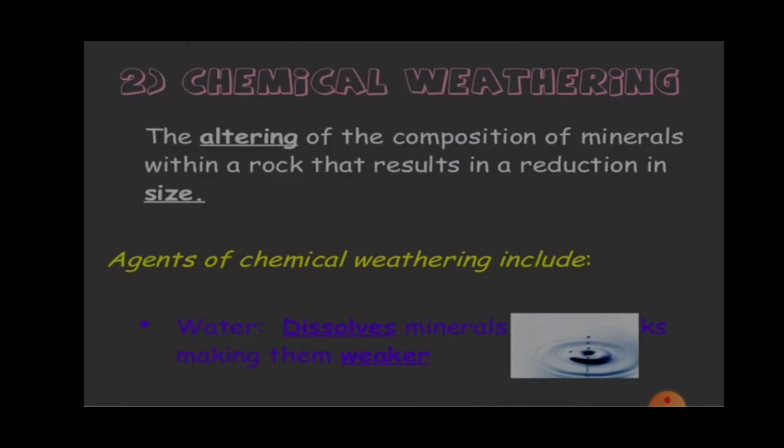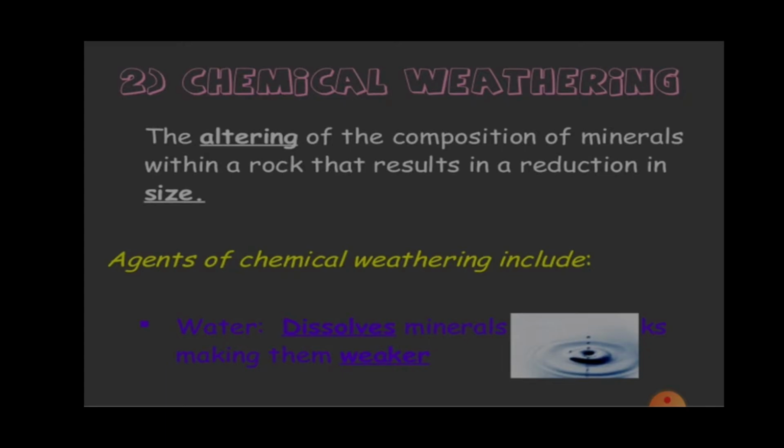So the second one is the chemical weathering. Chemical weathering is the other important type of weathering. Chemical weathering is different from mechanical weathering because the rock changes not just in size of pieces but in composition.